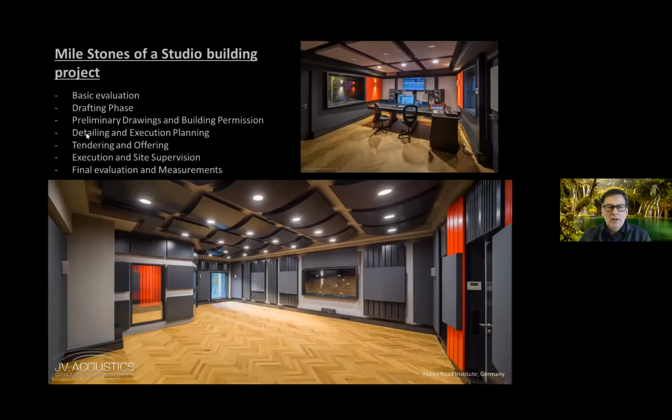Then you start with the detailing, draw all these small details and execution planning for the companies who are building the whole thing, tendering and offering phase, execution and site supervision, which is very important, and then final evaluation and measurements.